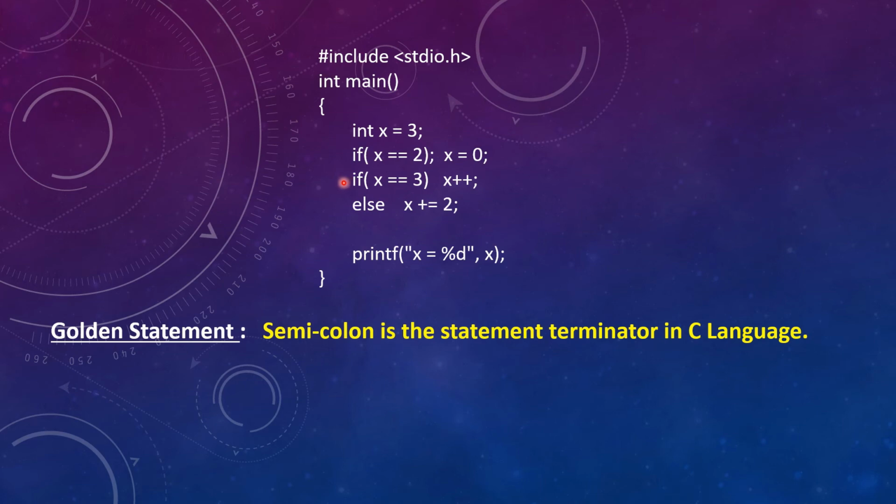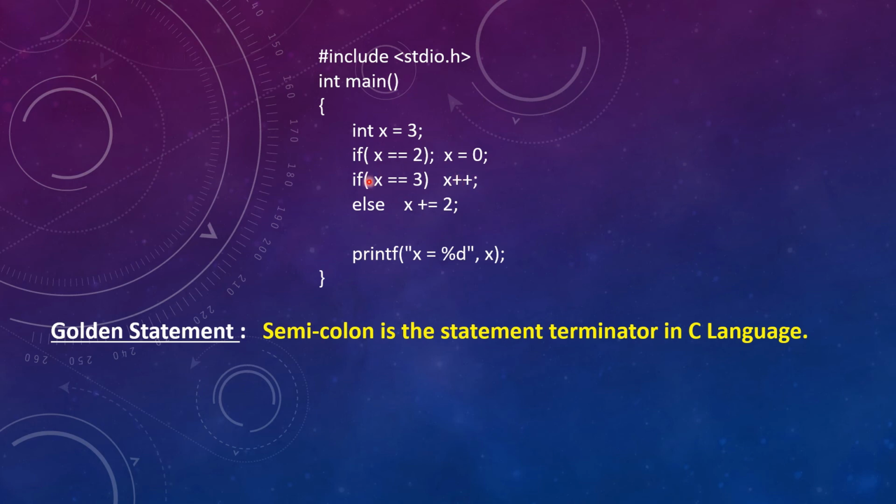Now we come to this if block, and you can see the if block is not terminated over here, it is terminated over there. So this entire thing is within the if block itself, and similarly for this else block. This if block becomes invalid because the value of x is updated to 0, and 0 is not equal to 3. So that is why this is not executed.